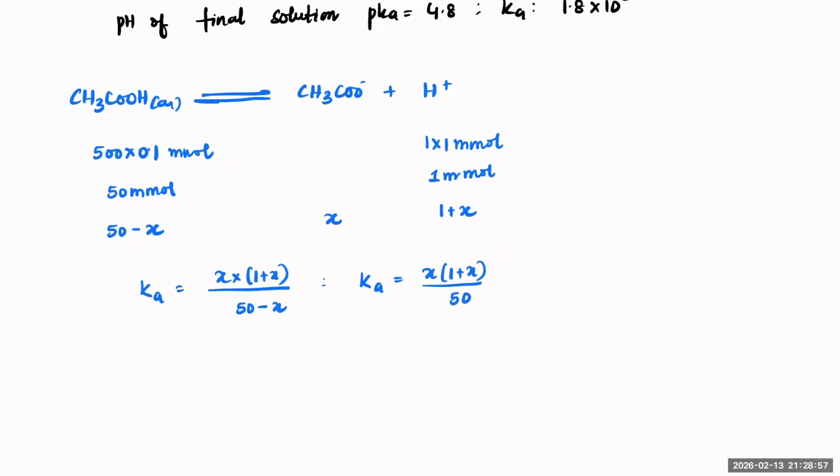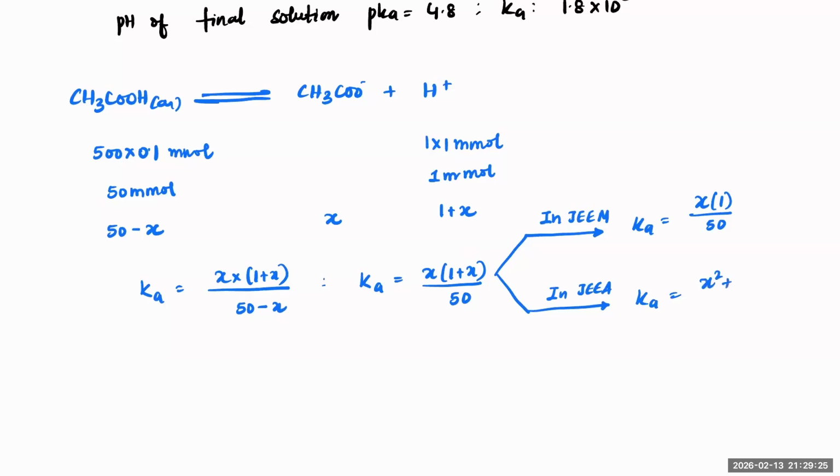Now listen, in most JEE Mains cases, you can write Ka directly as x into 1 divided by 50. That means you are ignoring this x as well, in the numerator also. But in JEE Advanced, when you are using these cases, my suggestion is first try to work out the quadratic equation and see.